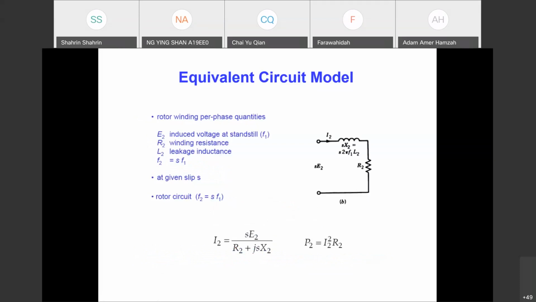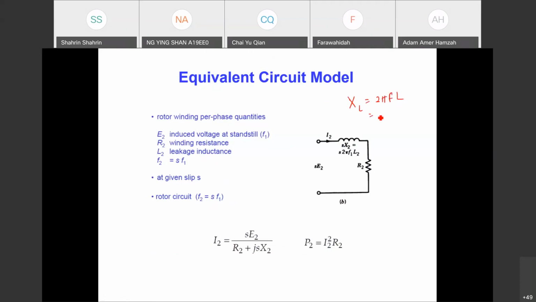And then this is the equivalent circuit at the rotor side. As you can see here, we have the voltage induced, which depends on the slip value, SE2. Then we have the current here and the inductance. The inductance value actually depends on the slip, because we know inductive reactance XL is 2 pi FL.